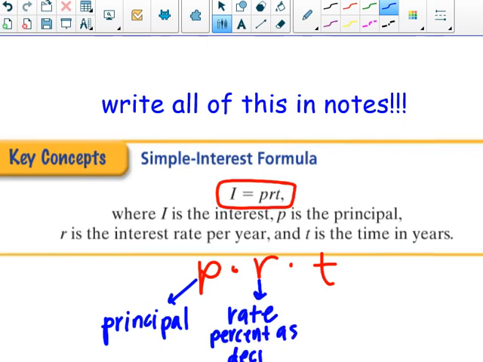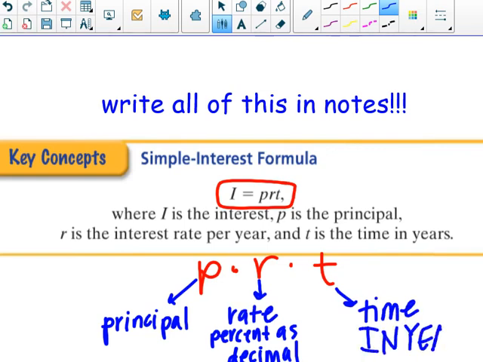Remember, this is where I was going to move my percent to a decimal. And T is the time in years. This is going to be very important coming up. In years.